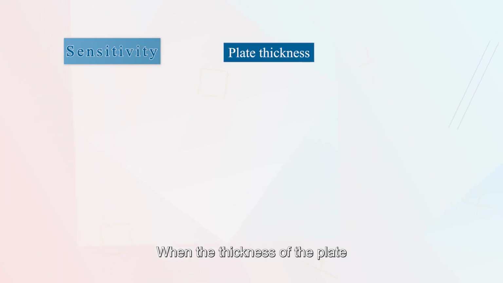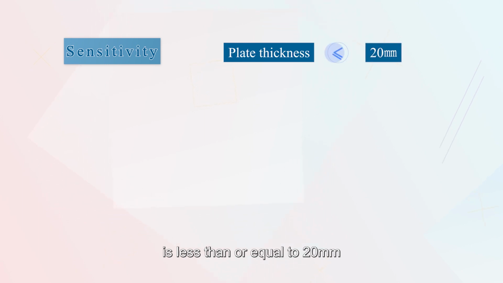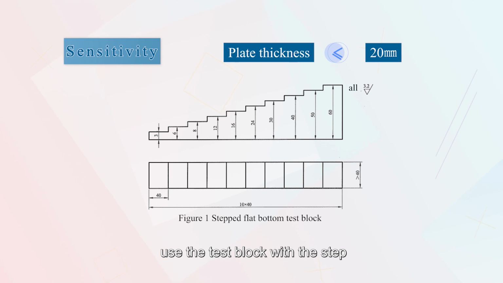2. Sensitivity. When the thickness of the plate is less than or equal to 20 mm, use the test block with the step flat bottom hole shown in Figure 1 to adjust, or it can be adjusted with the intact part of the inspected plate without defects.